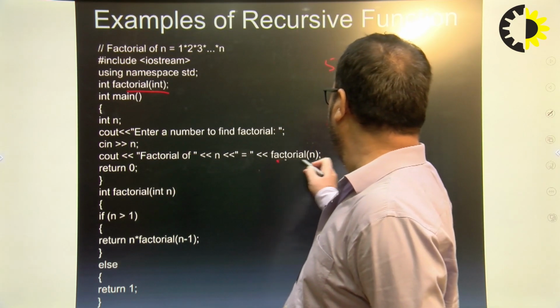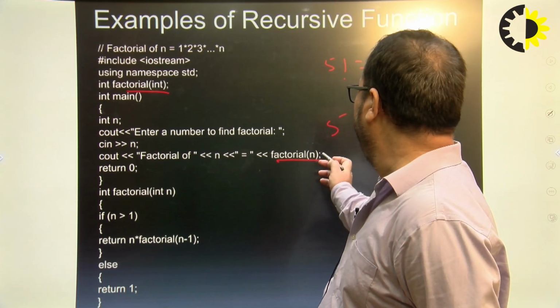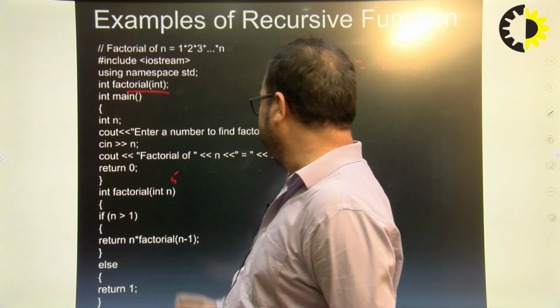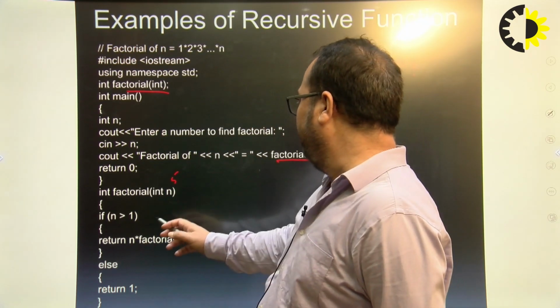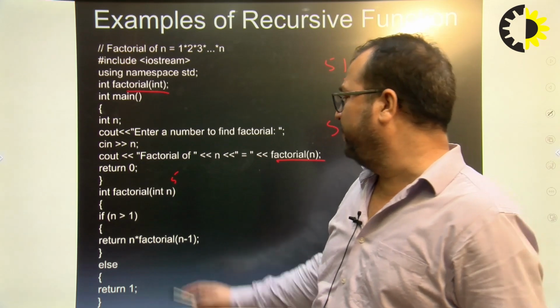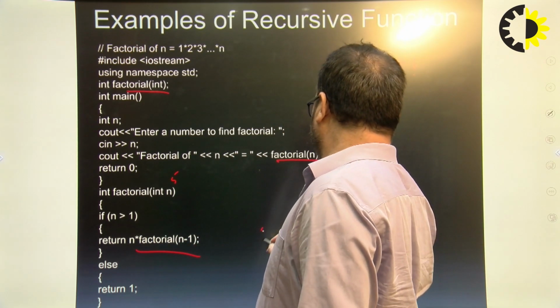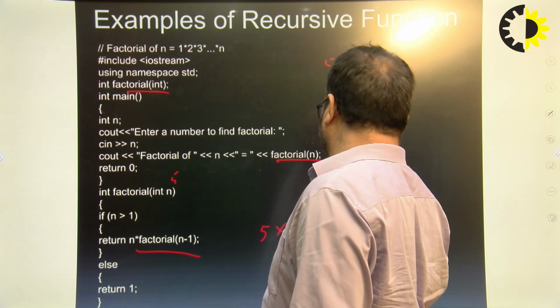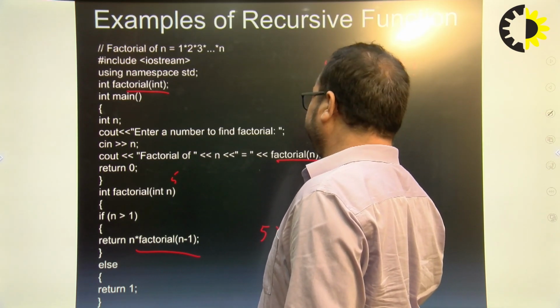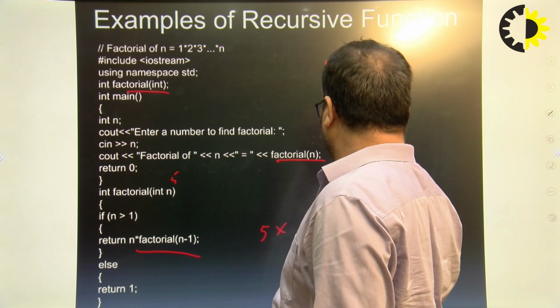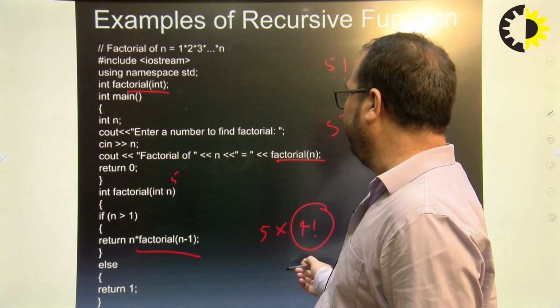Factorial of n: we have called factorial n, meaning factorial 5, so n copies 5. If n is greater than or equal to 1, yes, it is 5, so it returns n into factorial n minus 1, that is, 5 into factorial 4. Factorial will again call itself.